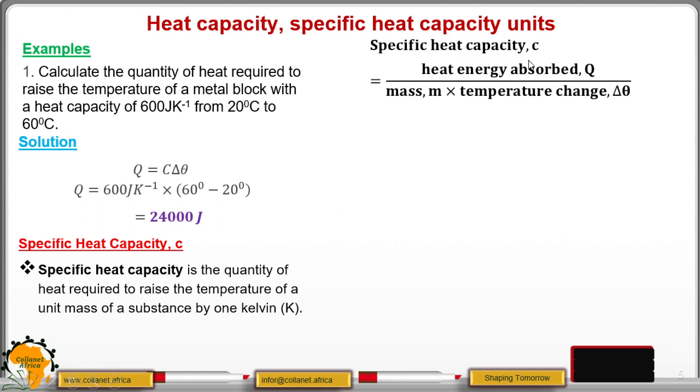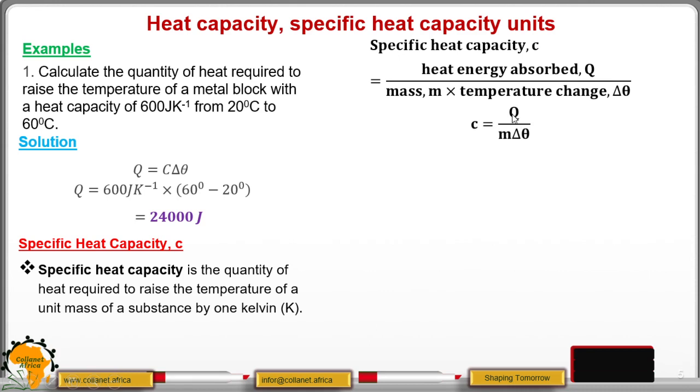So mathematically, we can say that specific heat capacity will be equal to heat absorbed or heat supplied Q divided by mass multiplied by the temperature change. In other words, we can say that specific heat capacity is heat capacity divided by the mass.